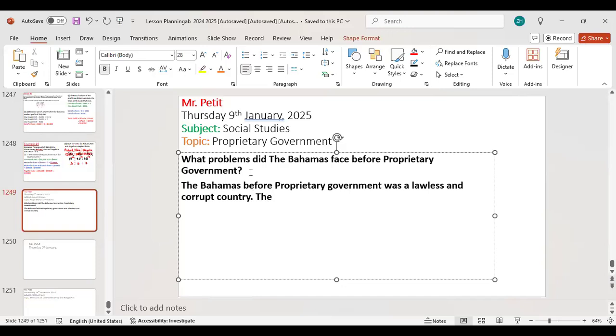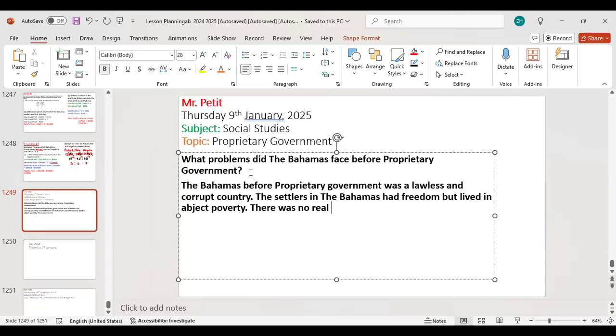And the settlers in the Bahamas had freedom, but lived in poverty, abject poverty. Right? There was no real government.